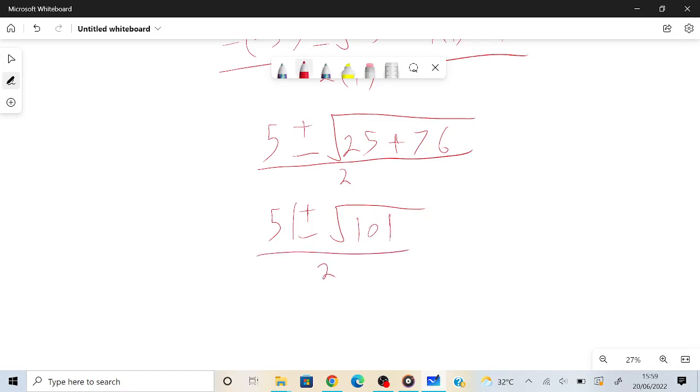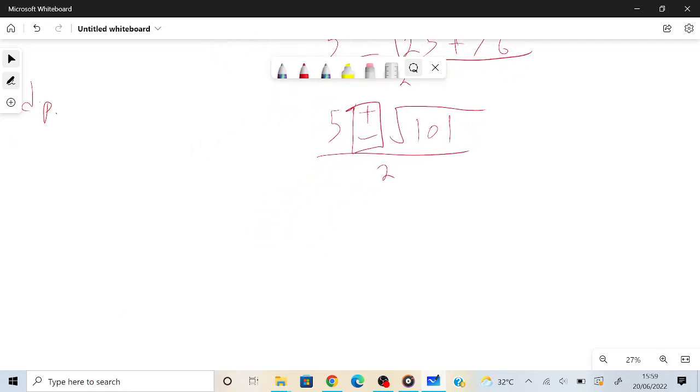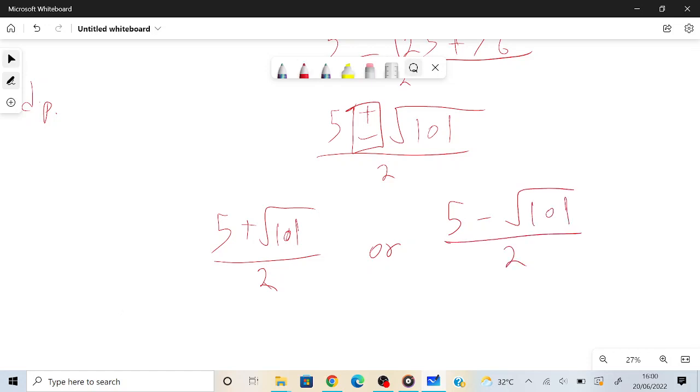Now again, we have plus and minus, so we have two different answers for this. This can be 5 plus root of 101 over 2, or it can be 5 minus root 101 over 2.